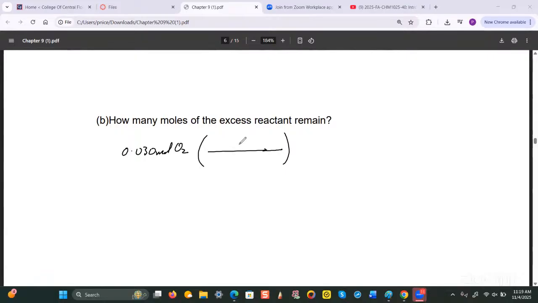The bottom would be the 3 moles of oxygen, and the top would be the 4 moles of aluminum. So that would give 0.040 moles of aluminum reacting.